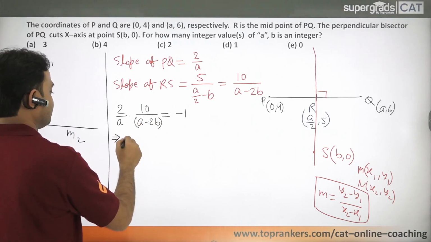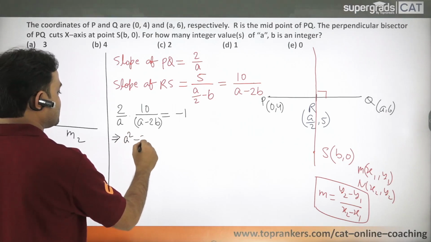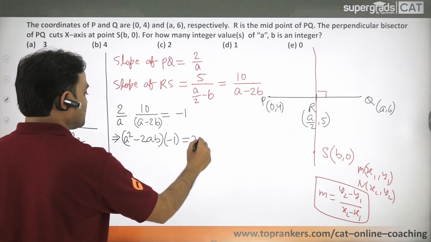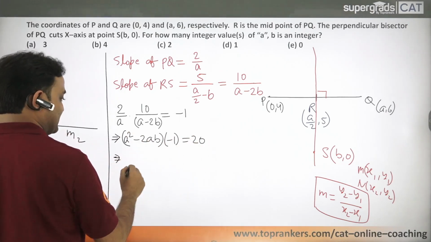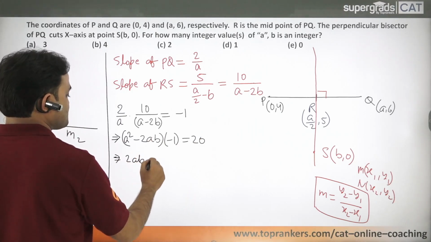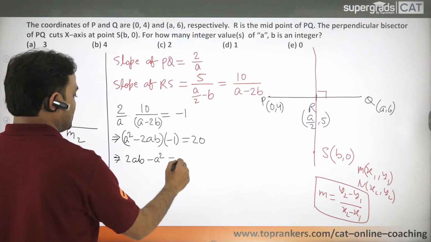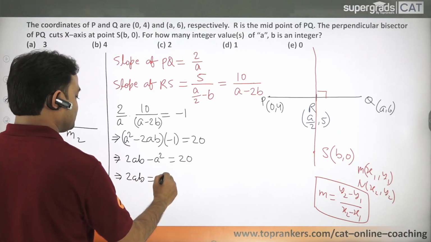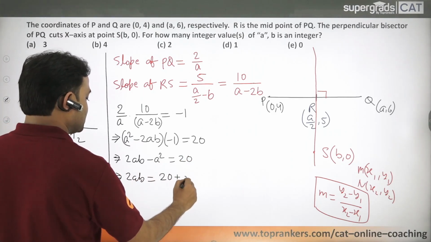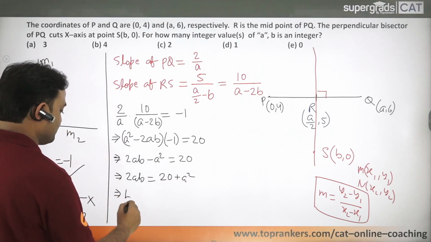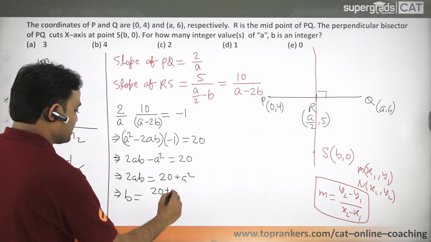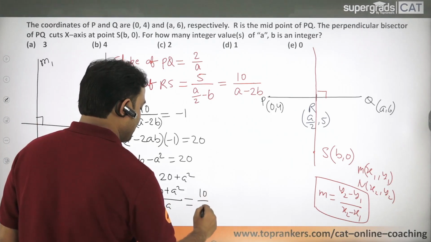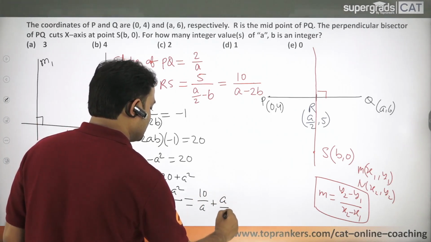Multiplying, A squared minus 2AB into minus 1 should be equal to 20, or we can write this as 2AB minus A squared is equal to 20, or 2AB is equal to 20 plus A squared, or we can say B will be equal to 20 plus A squared divided by 2A, which we can break into 10 by A plus A by 2.